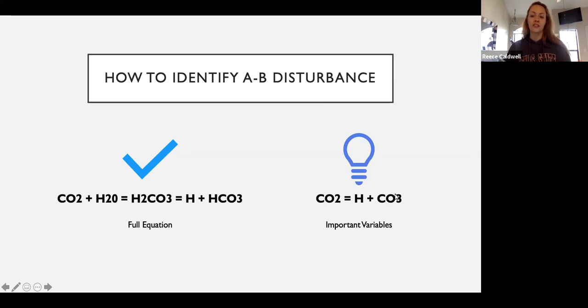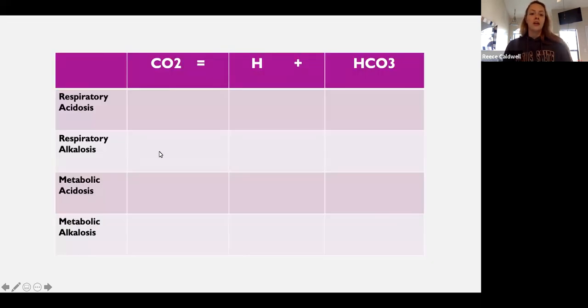So this right here is something that you definitely are going to want to have down: CO2, H, and HCO3. So breaking this equation down, we have our CO2 equals hydrogen plus bicarbonate. What we see is with respiratory acidosis, we will have higher levels of CO2, higher levels of hydrogen, and higher levels of bicarb.